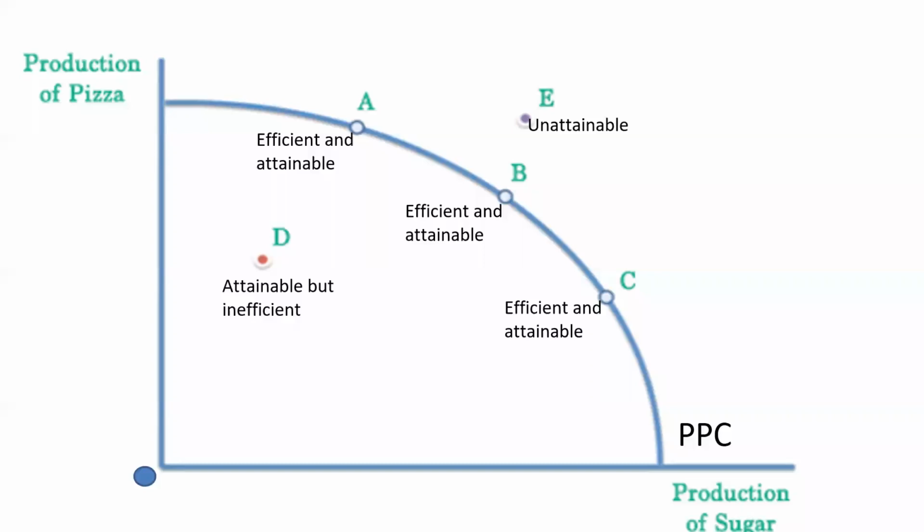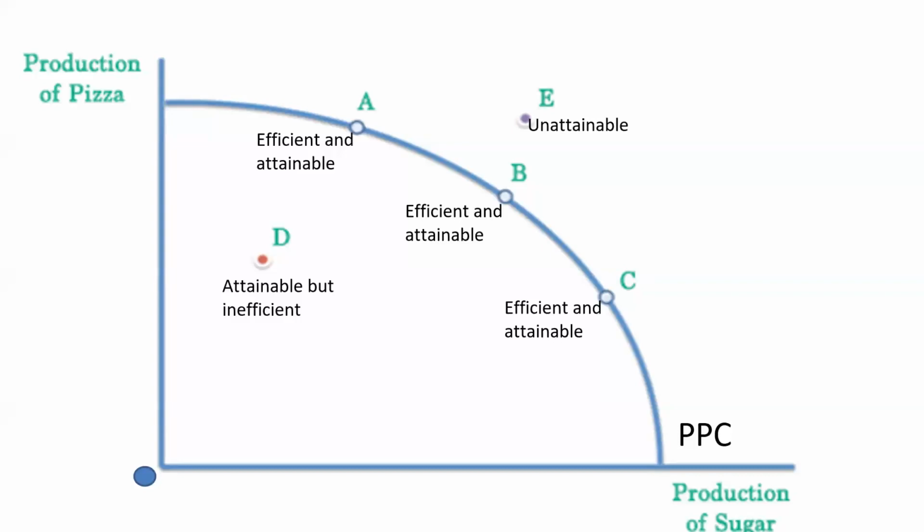E as in egg, right? That is our unattainable resource. It is scarce. We have A, we have B, we have C, we also have D, but we're not making full use of it. We're just letting it waste. But we don't have E. This is our scarce resource.